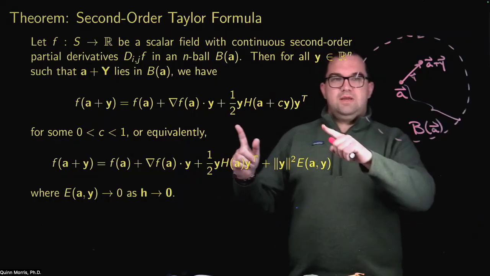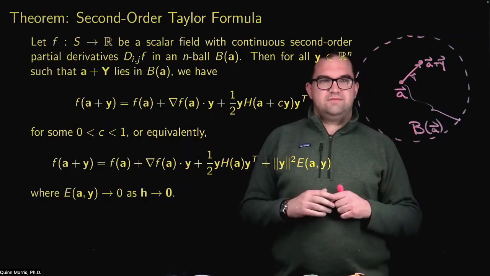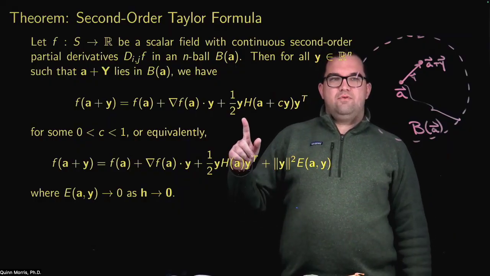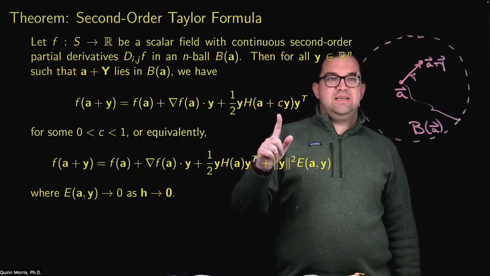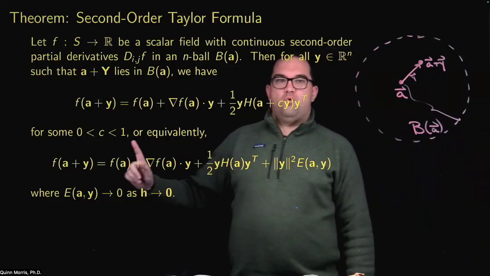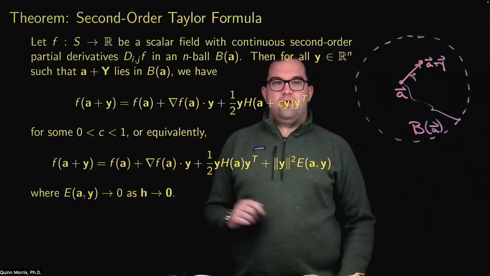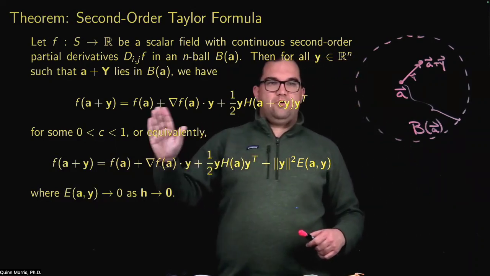Plus, now if I look here, I have 1/2. That seems reasonable from other things I've seen. And then I have y times H of A plus cy times y transpose for some c between 0 and 1. So let's not worry about the "or equivalently" part yet. Let's take this part first.